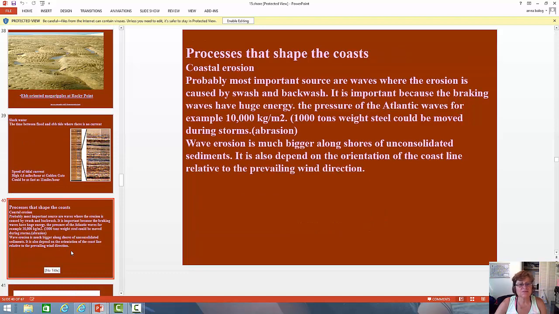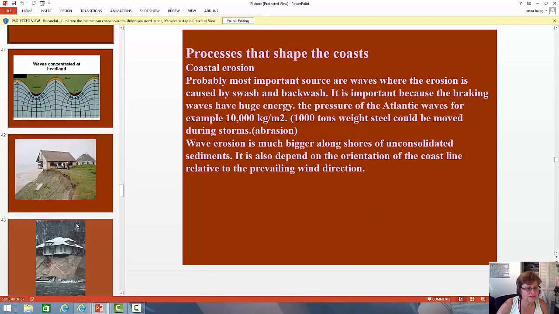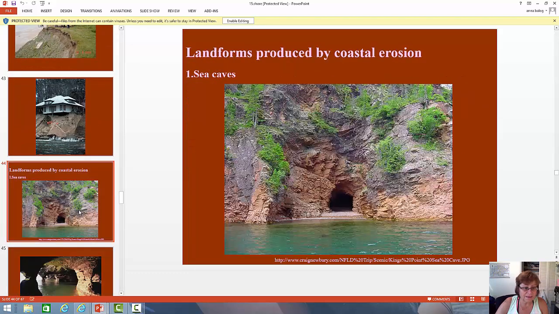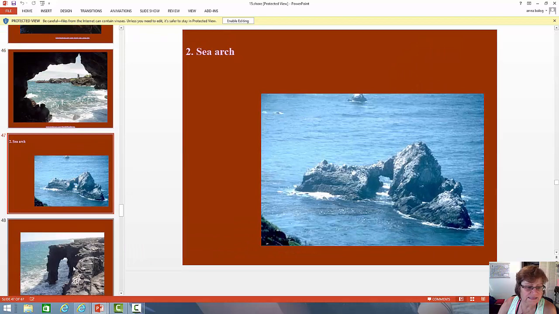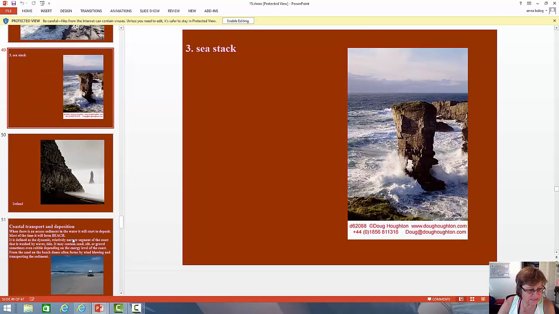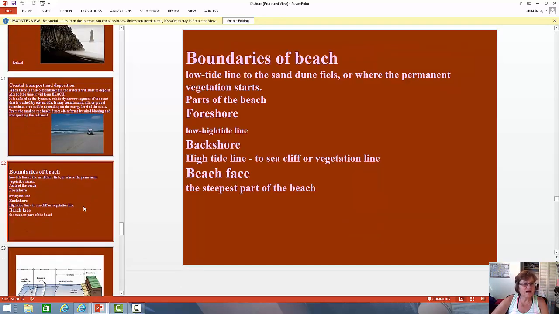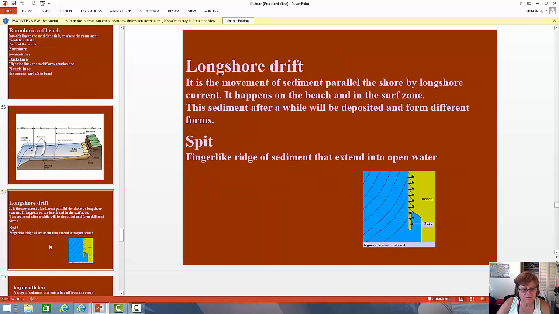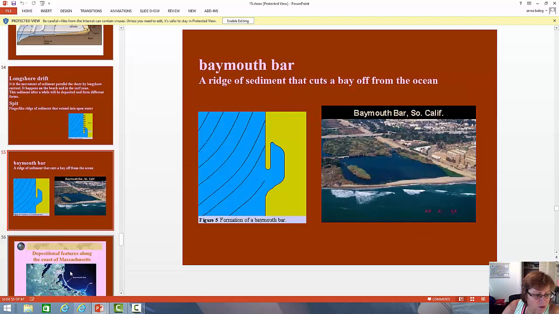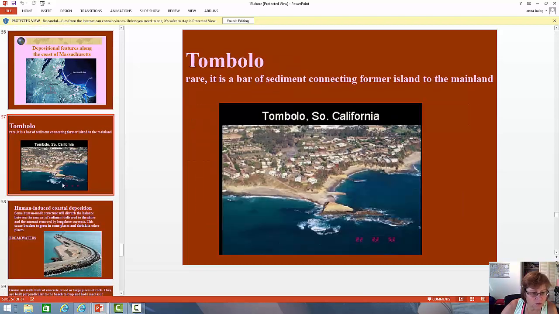You should know the processes which shape the coast and the types of landforms, like sea caves, sea arch, sea stack. This is important. And then I will not really ask the boundaries of the beach. However, you got to know the sediment forms which can form from the longshore current, which are the spit, the baymouth bar, and the tombolo.